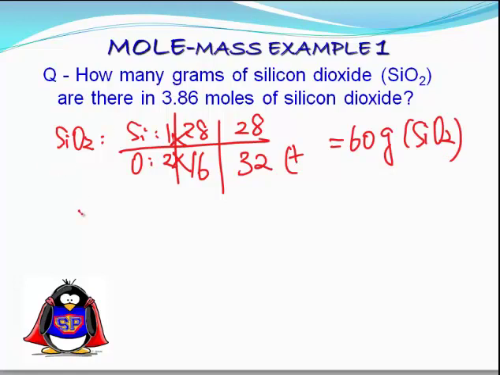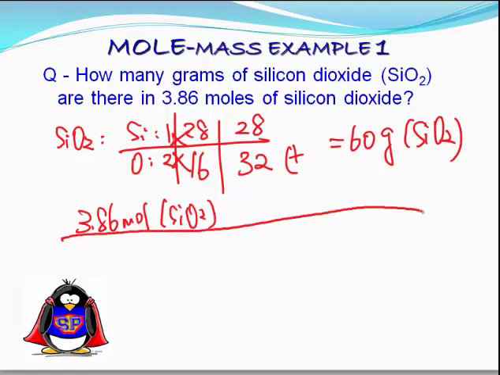So now you have 3.6 moles of silicon dioxide. What you want to have as the target is grams of silicon dioxide. And here comes the powerful monkey bar approach, the factor labeling method. Essentially you can just say mole, I have to put the mole underneath.